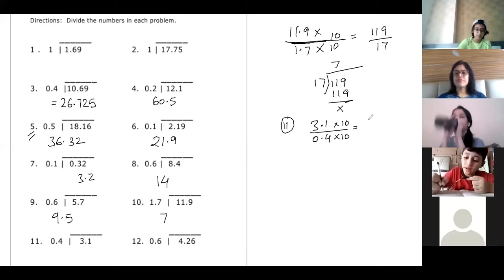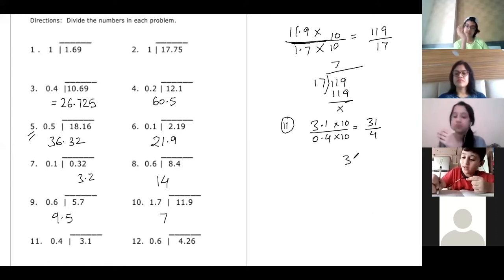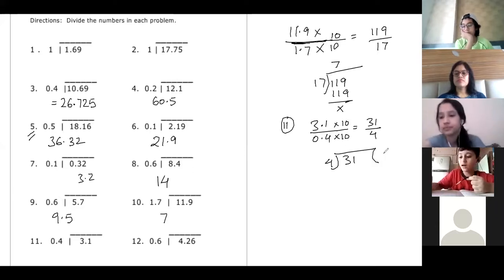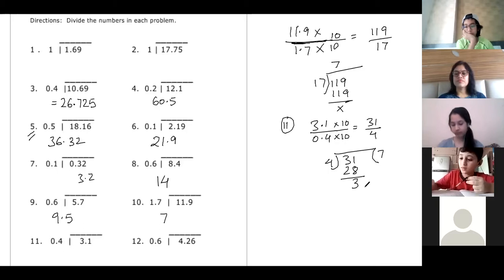And then the answer will be 31 divided by 4. 4 sevens are 28. Minus, it will be 3. Then point, 30. Again 4 sevens are 28.